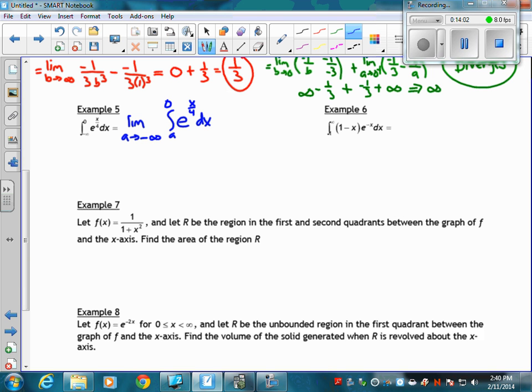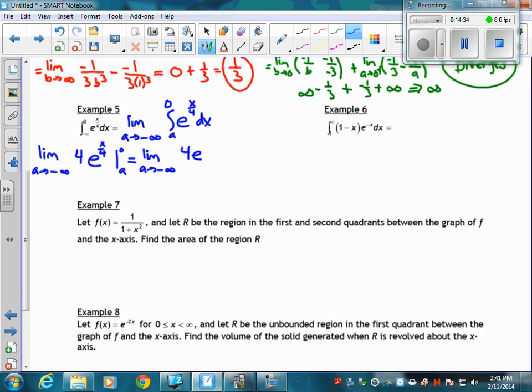So from here, I'm still taking my limit as a approaches -infinity. I have e to the x over 4, so that antiderivative will be e raised to the x over 4. The derivative of the inside is 1/4, which means in my antiderivative, I need to multiply by 1 over 1/4, which is 4. And my bounds are from a to 0. So from here, I'm going to plug in my bounds and evaluate my limit.